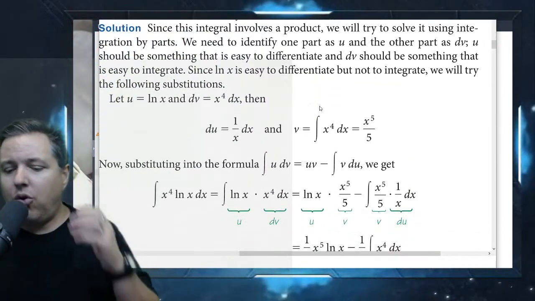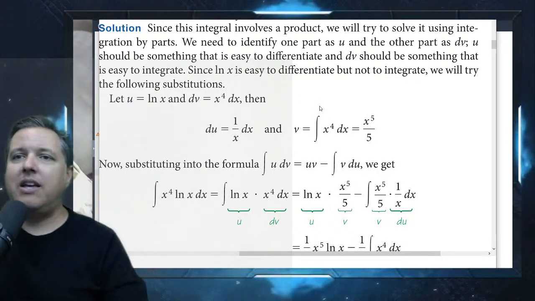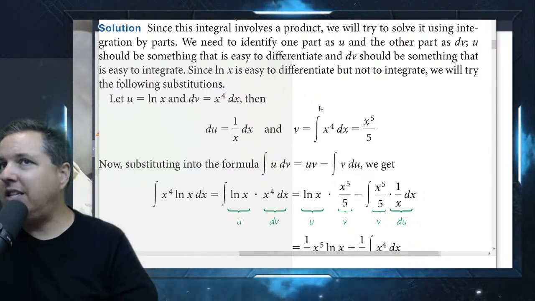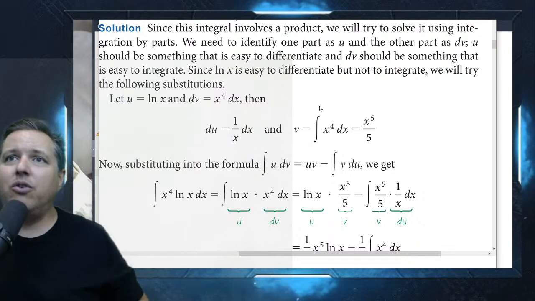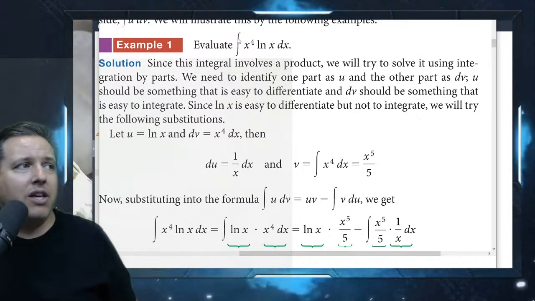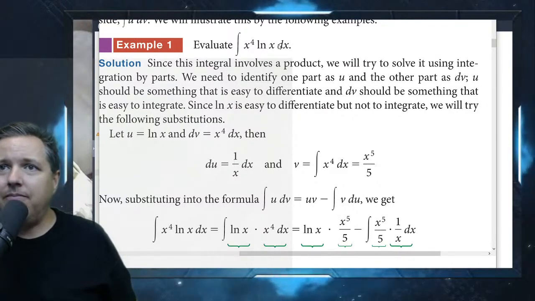Once you get used to this, it's really about picking the right values for u and dv, because that's what your integral is. It's given to you in the form of u dv. So you look at the problem you were given, and you label one of these pieces u and one of them dv.